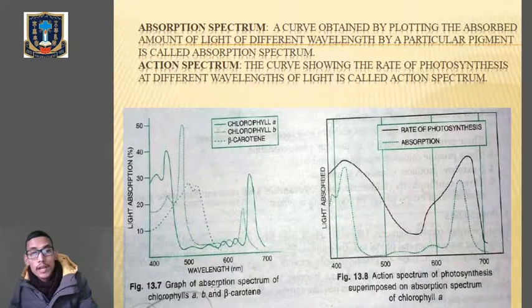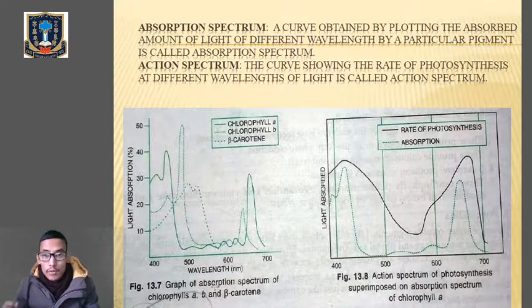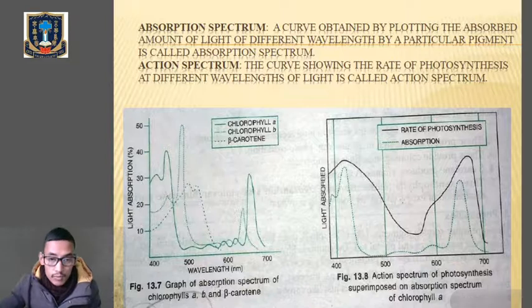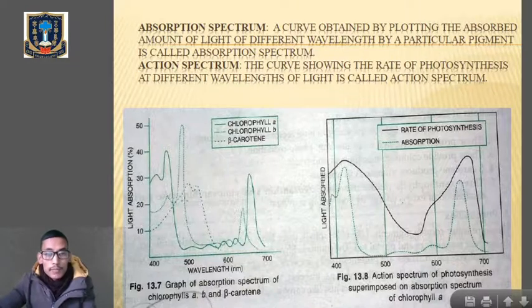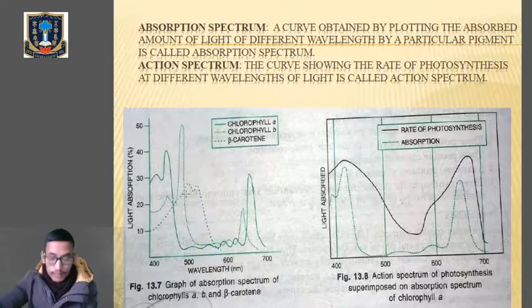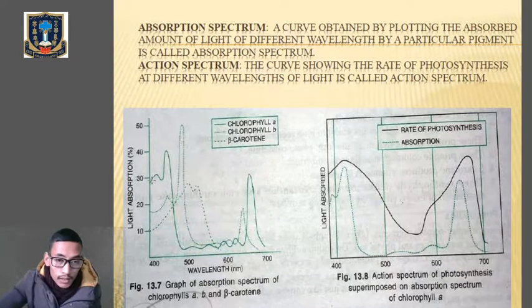So what do we mean by absorption spectrum? The curve obtained by plotting the amount of light of different wavelengths absorbed by a particular pigment is called the absorption spectrum. Here you can see the curve which shows the wavelengths of light absorbed by chlorophyll A, this is the one absorbed by chlorophyll B, and this is the one absorbed by beta carotene.